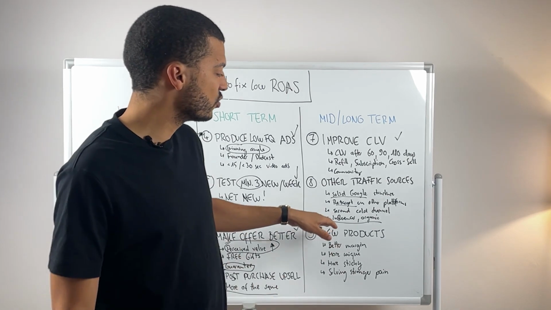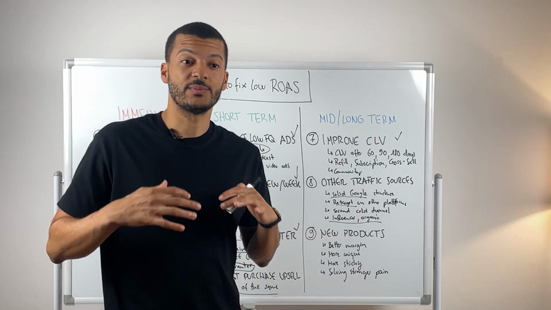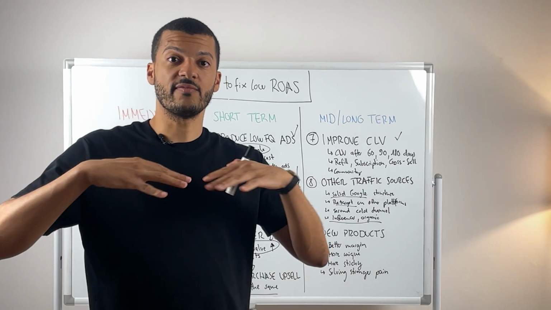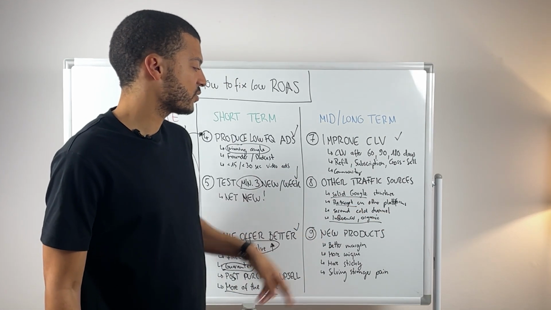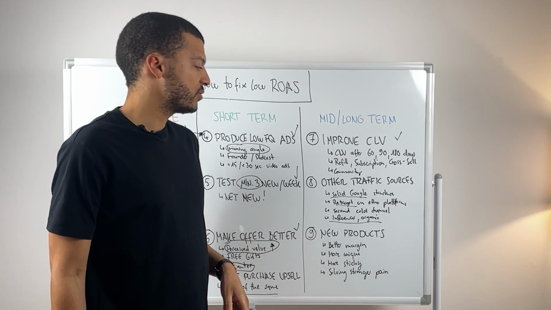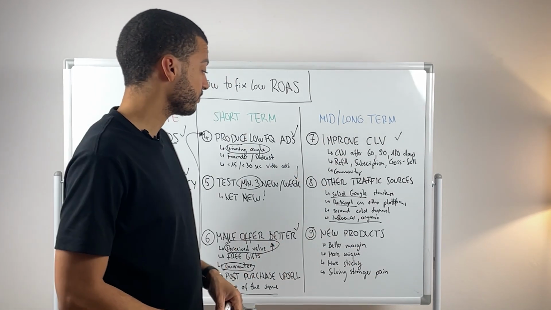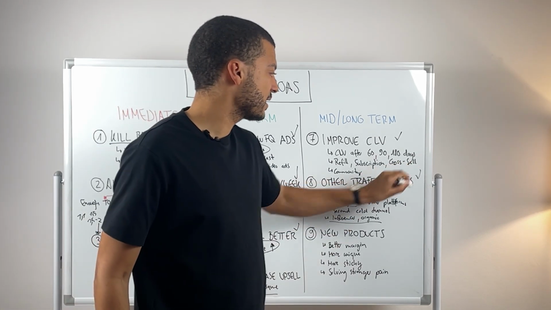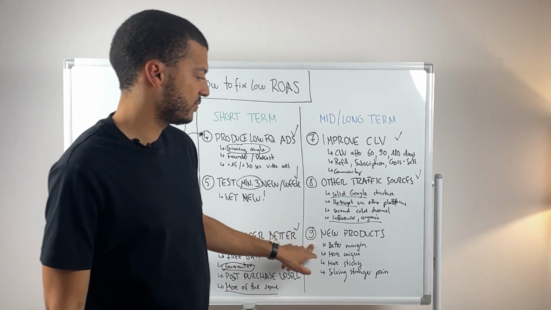This is not super reliable, but you can make it reliable by making a lot of volume, essentially. So this is also a very effective strategy that you can use just to bring down the whole overall new customer CPA.